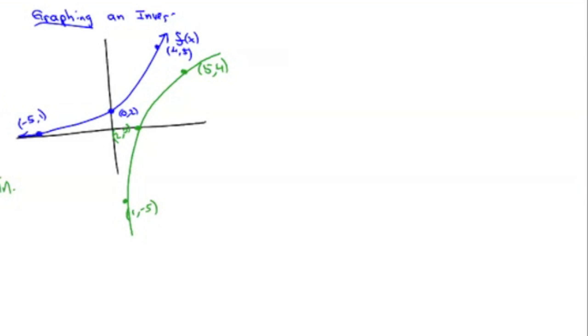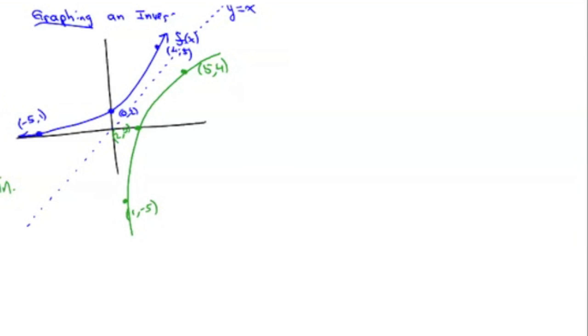You know, if you turn your head a little bit this way. And that line that goes right down the middle of these two, right through the origin, is the line y equals x. Why? Because you replace y with x and x with y. You literally just reflect it over this line. So your graph has to look like a reflection over this line, plus all the coordinates have to flip.